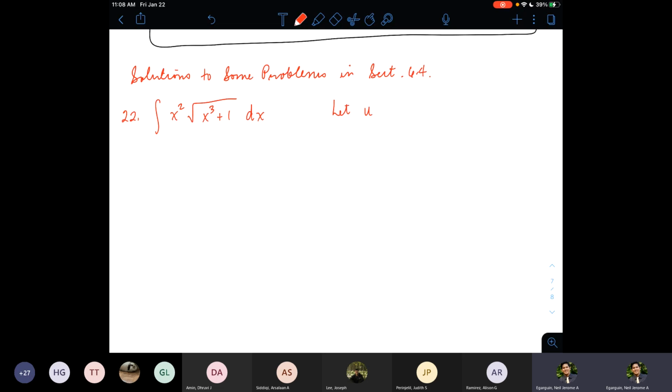All right. So when you change the variable from x to u, you should change everything in the integral. In the next step, I will write everything in terms of the variable u. So there should be no variable x remaining, and that includes the differential. Here, the differential is with respect to x.